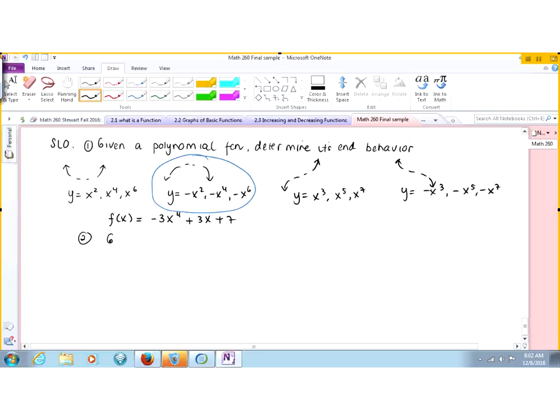Okay, the second one is given a rational function, we graph. Of course, you have to find the asymptotes, those things. So let's look at the sample final or the previous sample test. Now, does everything have a sample final?